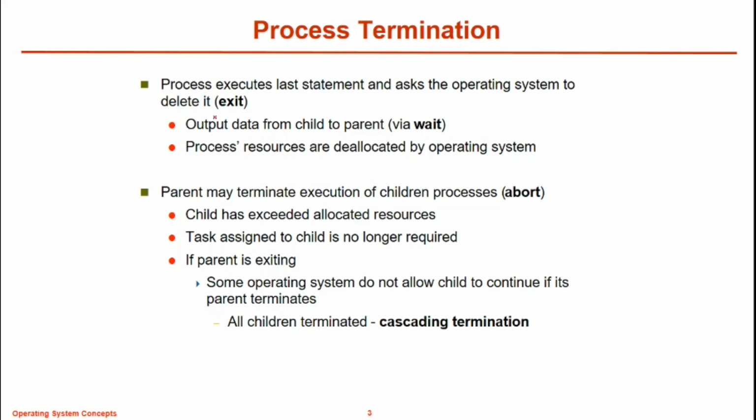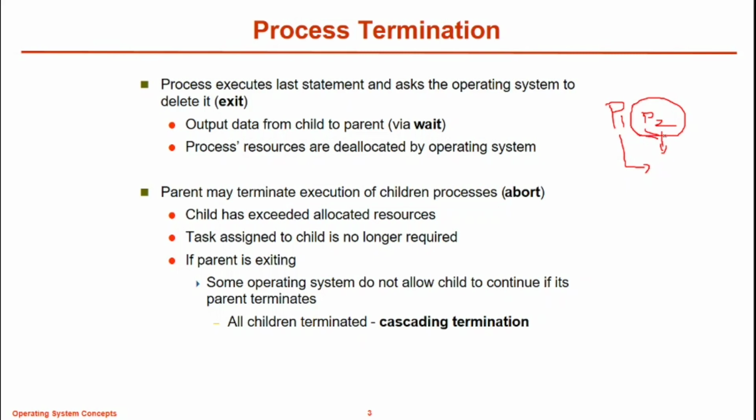So once all these processes complete their tasks, they get terminated. Process termination: the process executes its last statement and asks the operating system to delete it. So the process P1 creates its child process P2. Once it completes its task, this memory has to be used by the other children of the parent process.